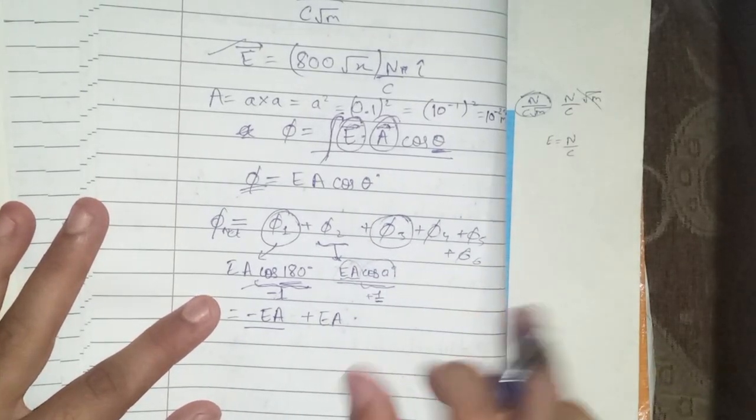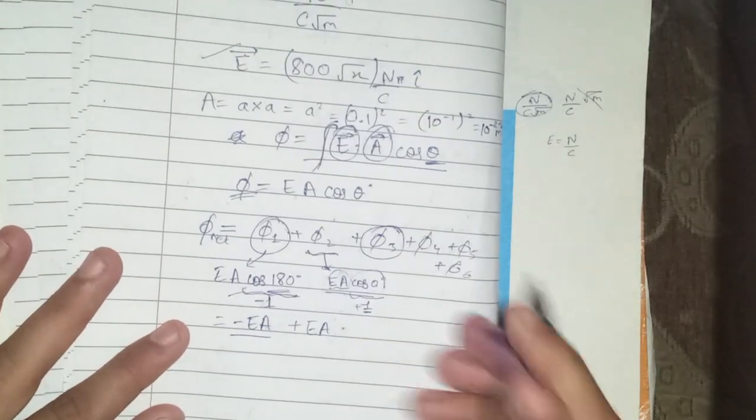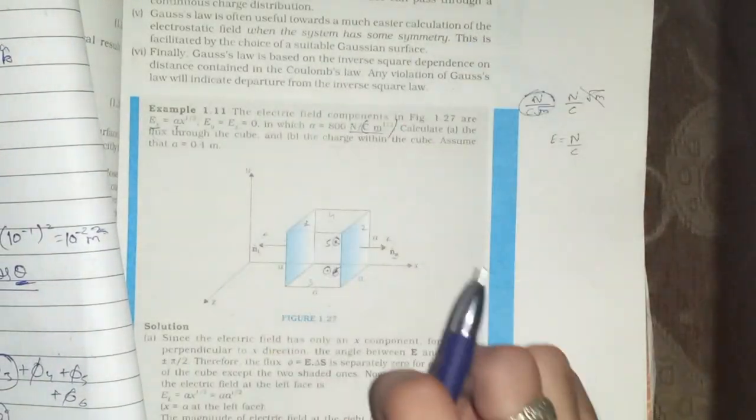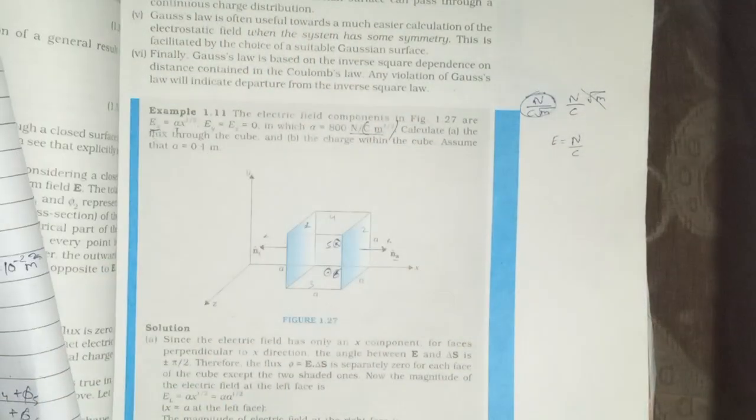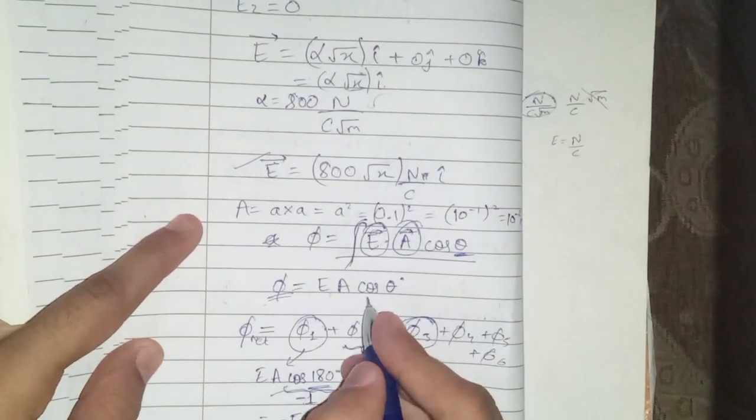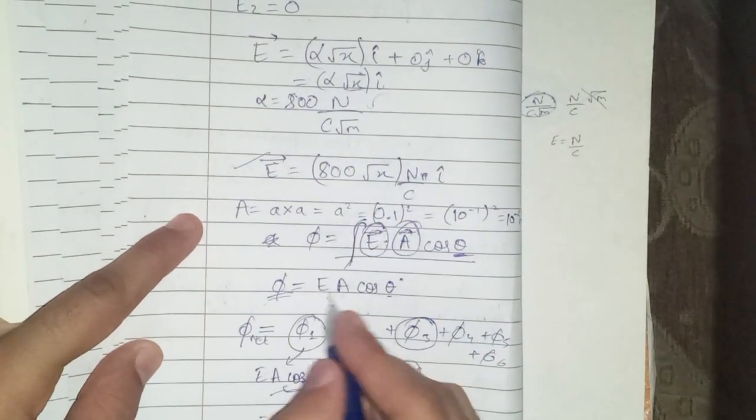Now for surfaces 3, 4, 5 and 6, we will get 0. Let's see how. The area vector is pointing downwards for the third surface, and the electric field is pointing to the right, so the angle would be 90 degrees. Cos 90 is 0, so we get 0.